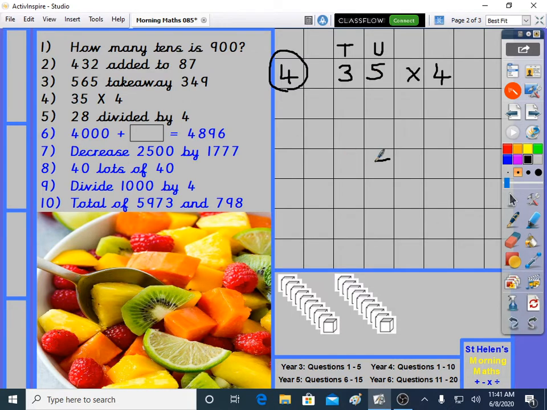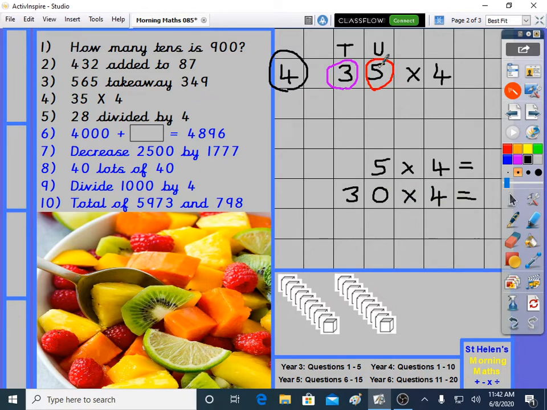It doesn't have to be lined up or anything, but I've written 5 times 4. Now we've still got to do 3 tens times 4. 3 tens is 30, isn't it? So we've got to do 30 times 4. There's 2 parts to this question, really.